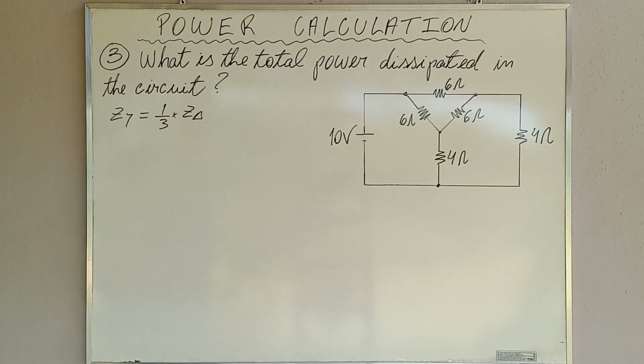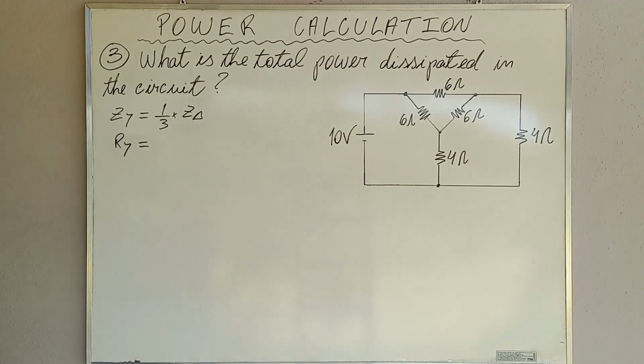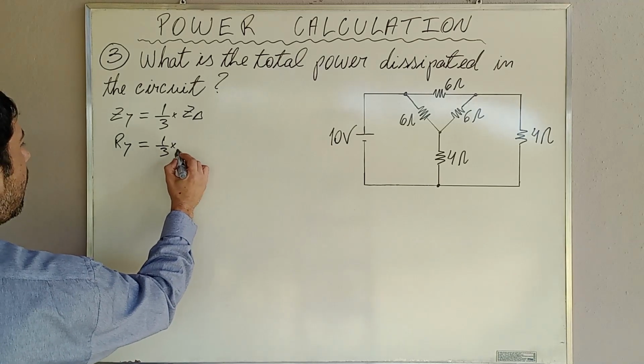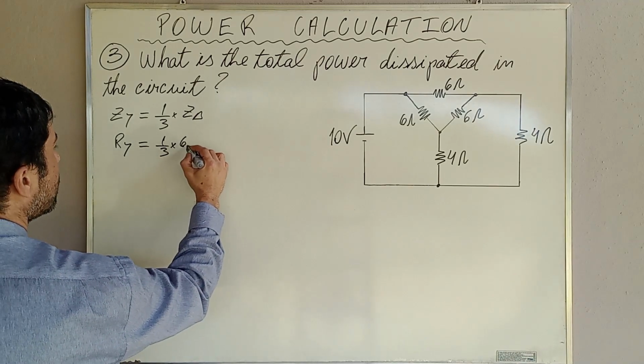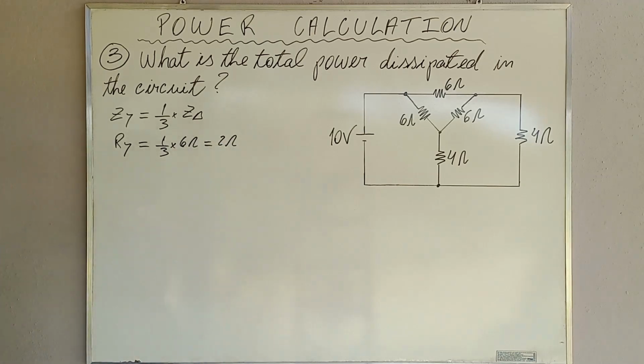In this way, Ry, the resistance of the Y configuration, will be a third of 6 ohms, which is 2 ohms. The delta is thus converted into a Y.